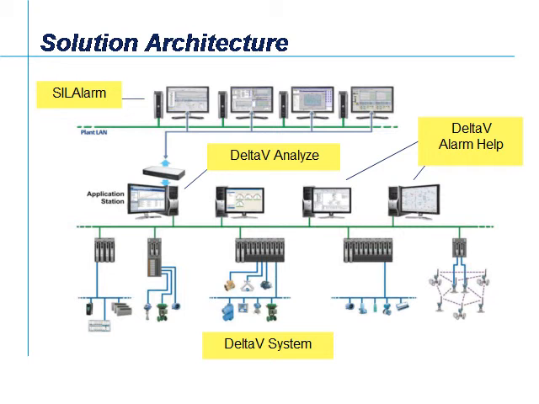These products fit into the architecture as you see here. The SILAlarm tool is generally installed on a plant LAN layer, not on the DeltaV control network, which is represented in the center and lower half of the diagram. DeltaV Analyze, the analytic tool, is typically installed on the DeltaV system on an application station, as you see.